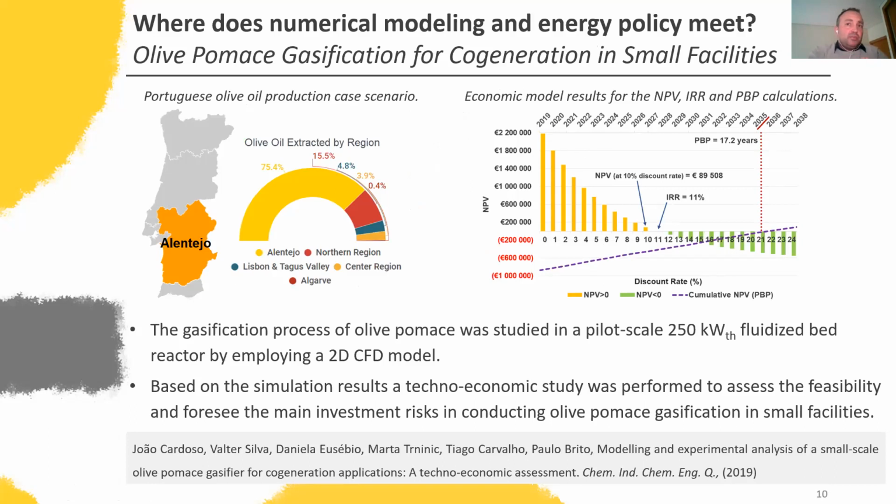Besides the optimization process, we also do technical economic analysis. What we provide to the partners is an understanding, for a certain type of feedstock, in this case, live biomass, of what should be the return on their investment. How many years will they take to have profit? For example, the payback period for a small gasification facility should be about, in this case, 70 years.